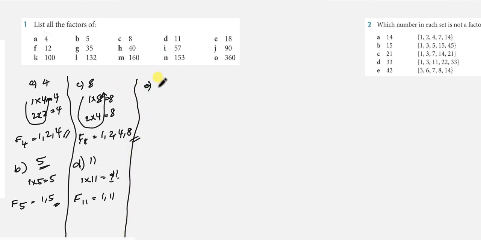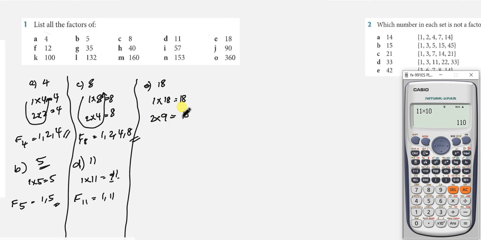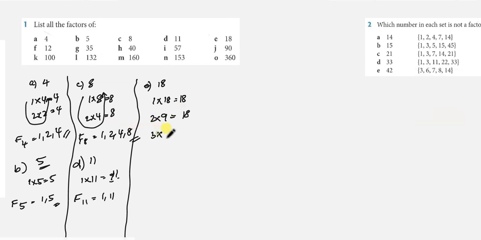E, we have 18. So 1 times 18 is equal to 18, and it will be very helpful if you revise your multiplication tables, so you can deal with small numbers very easily without using a calculator. 2 times 9 is equal to 18. 3 times 6 is equal to 18.